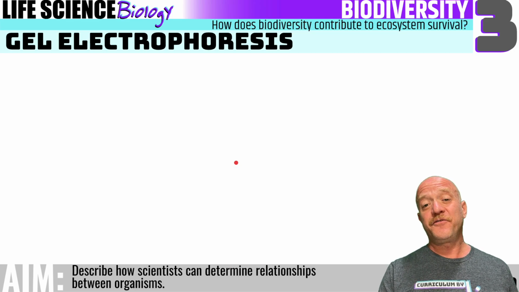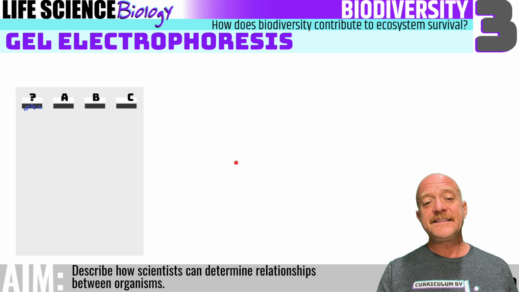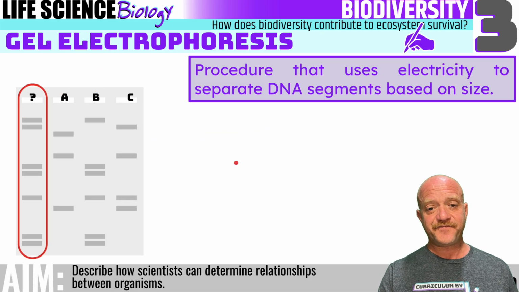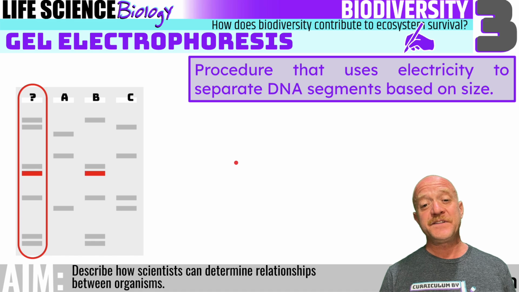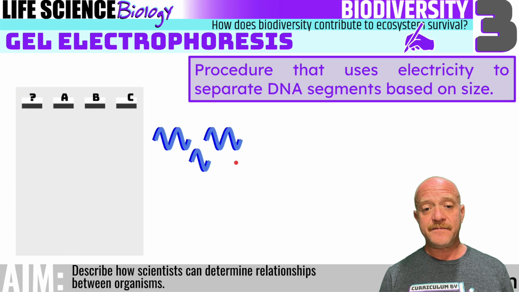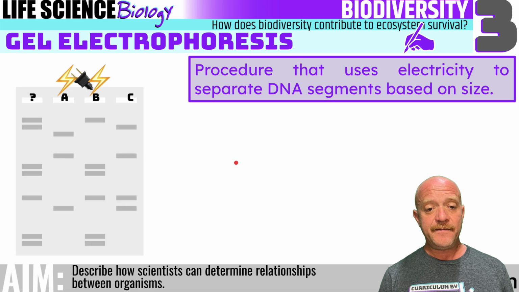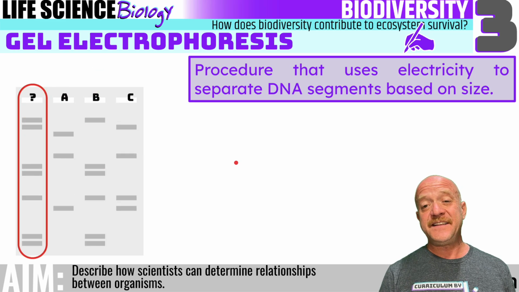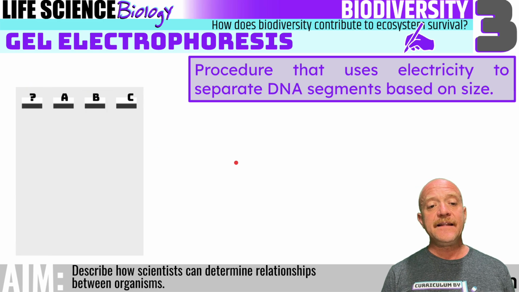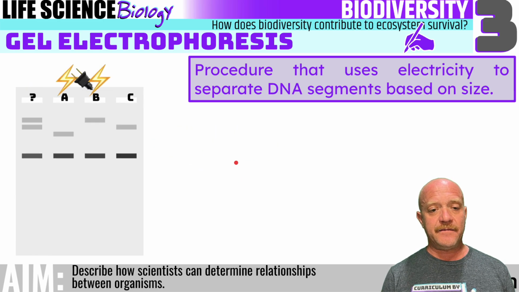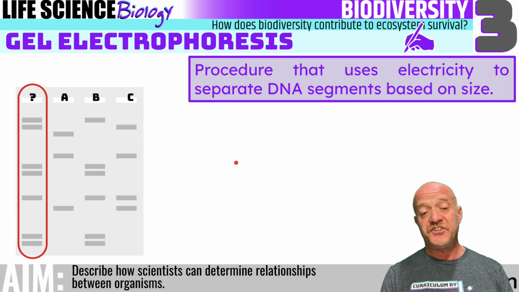And now gel electrophoresis. This is a laboratory procedure that uses electricity to separate DNA segments based on size. So what happens is you cut the DNA, you add electricity to it, and the DNA moves through this gel. It's basically like having a little square of Jell-O.